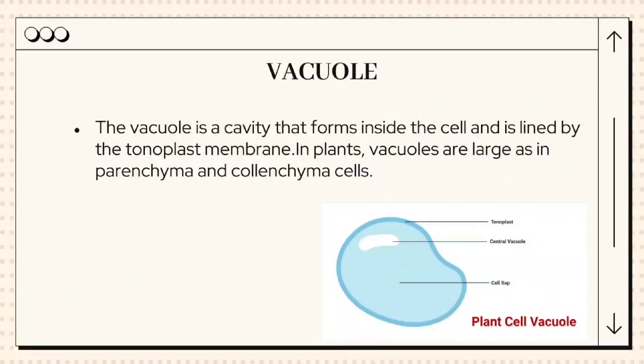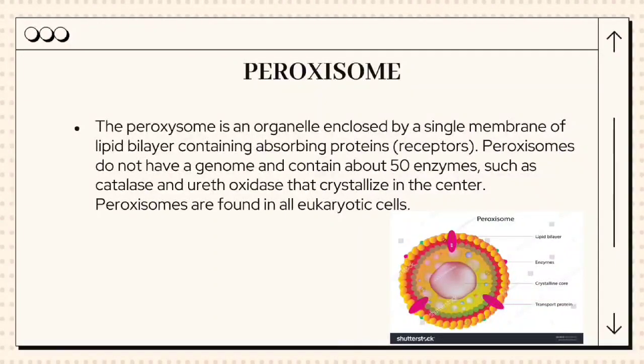Vacuole. The vacuole is a cavity that forms inside the cells and is lined by the tonoplast membrane. In plants, vacuoles are large, as in parenchyma and collenchyma cells. Peroxisome. The peroxisome is an organelle enclosed by a single membrane of lipid bilayer containing absorbing protein receptors.